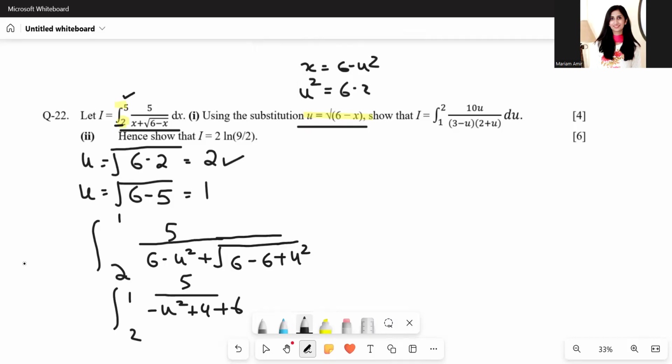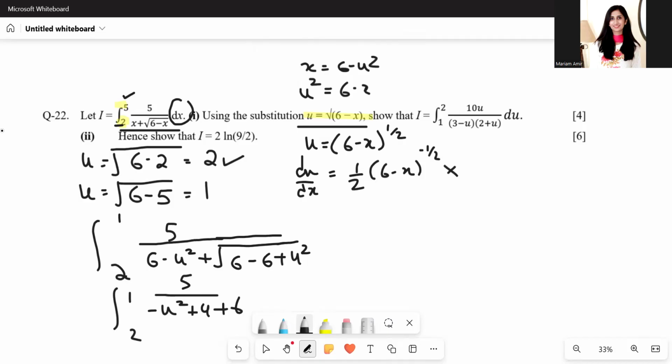Now let's change dx into a du term. For that, we differentiate with respect to x. So we get du upon dx is equal to half times 6 minus x, power gets subtracted by 1, so negative half, times we multiply the derivative of this inside, which is negative 1.